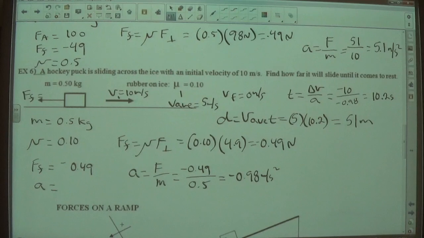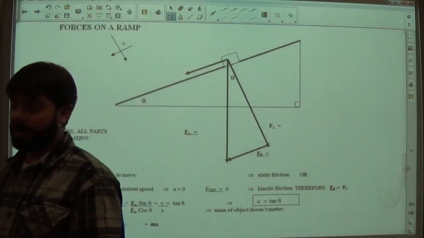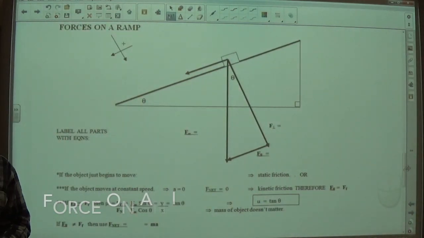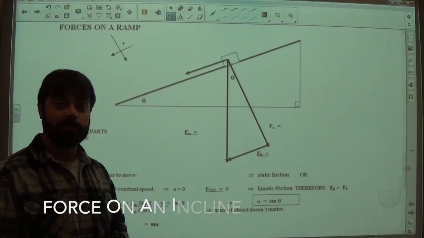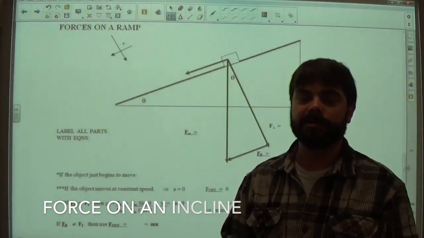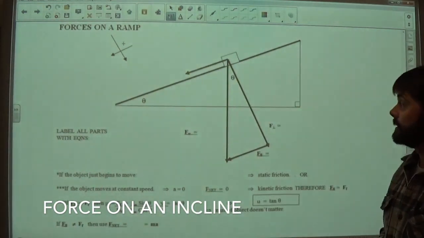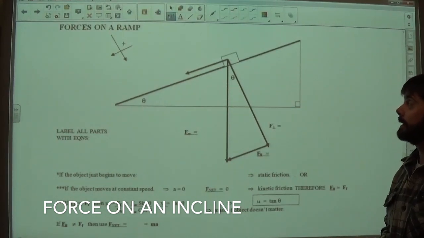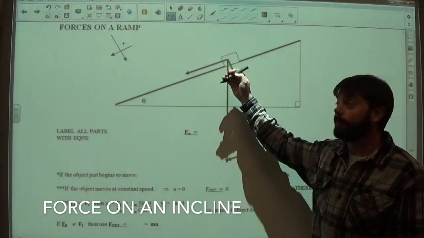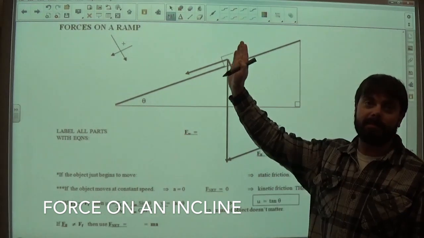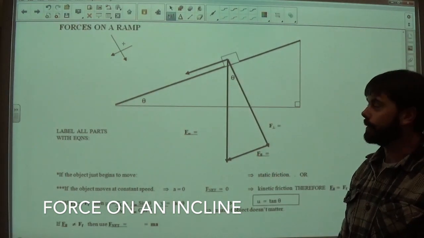So with our next example, we're going to be talking about forces on a ramp, or forces that aren't always perpendicular to each other. So things get a little bit more complicated here, because our perpendicular force is no longer the same as your weight or your force of gravity.